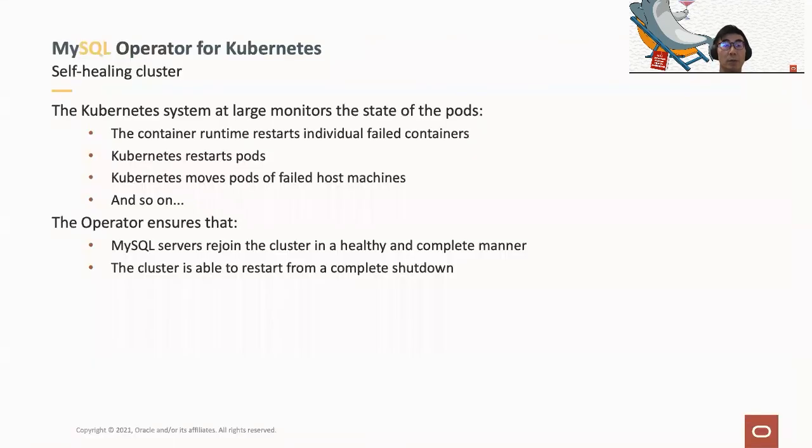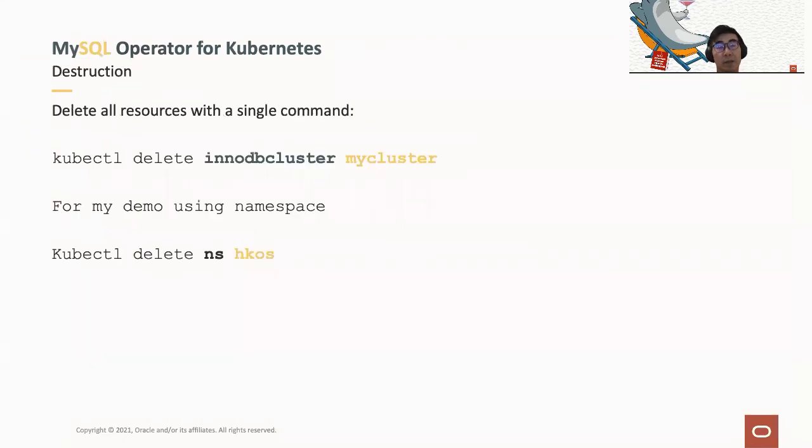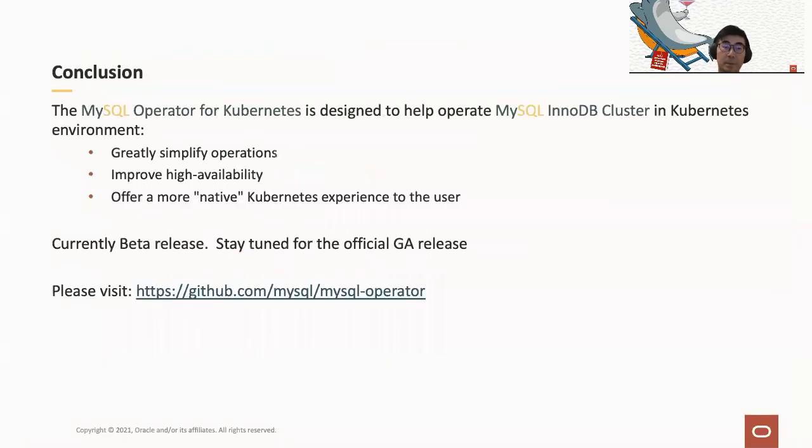To give you a summary, the MySQL operator gives us self-healing, auto failover, switching primary, and makes it easy to scale up and down. To destroy everything, just delete the InnoDB cluster, my cluster, or for my demo using the namespace, just delete the Hong Kong OS namespace.